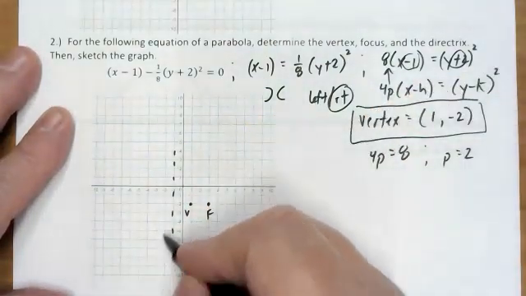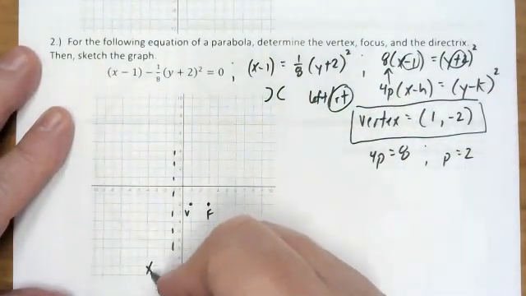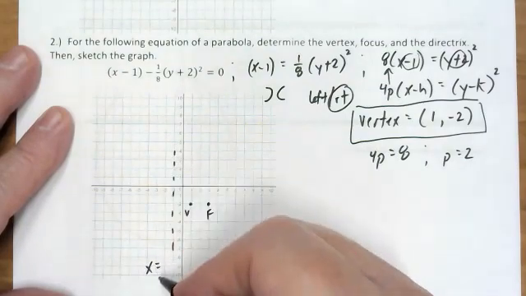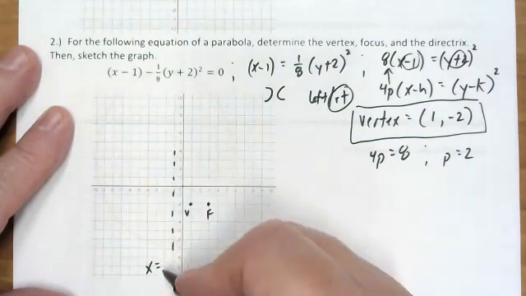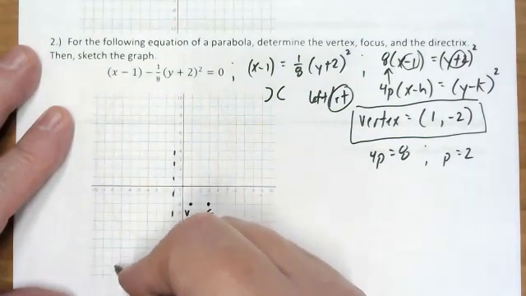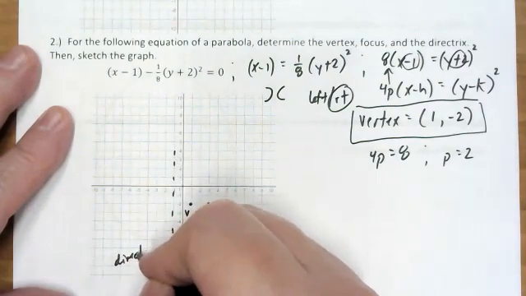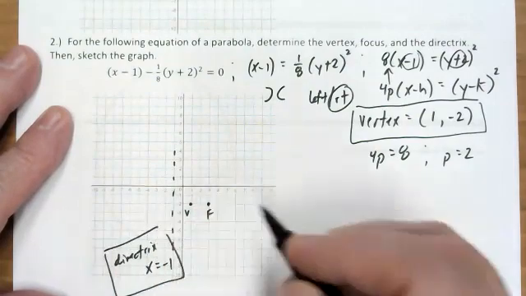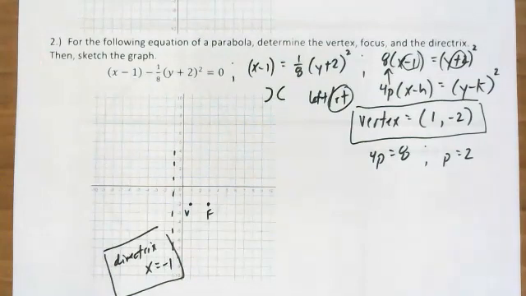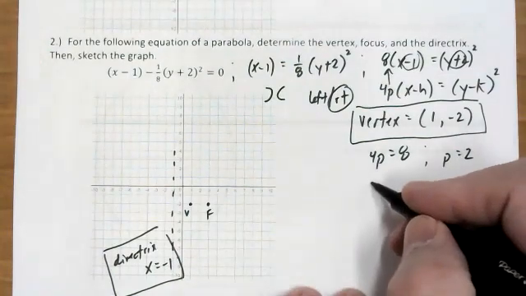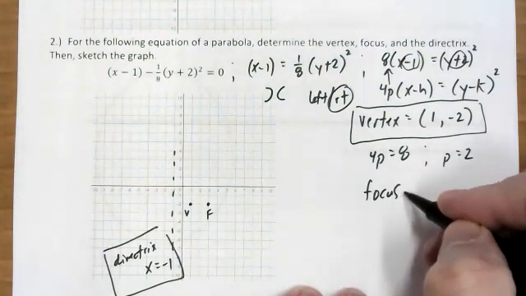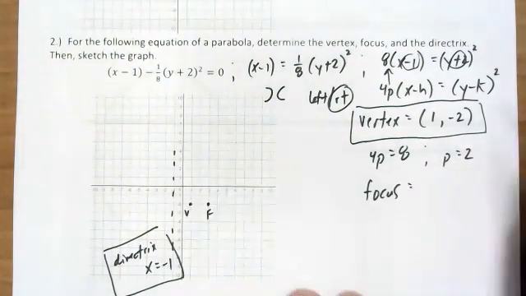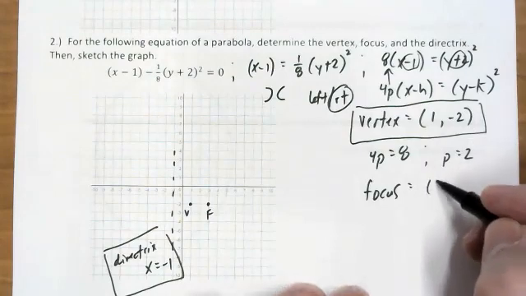And in this case, since it's a vertical line, the equation of the directrix is going to be x equals -1. So this is the directrix. The focus is (3, -2).